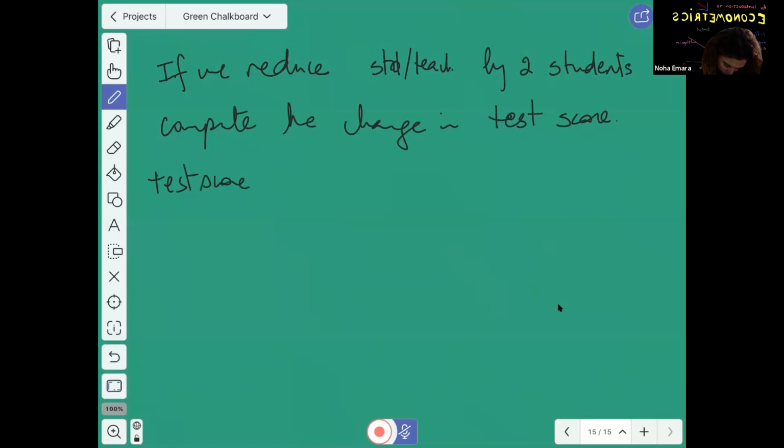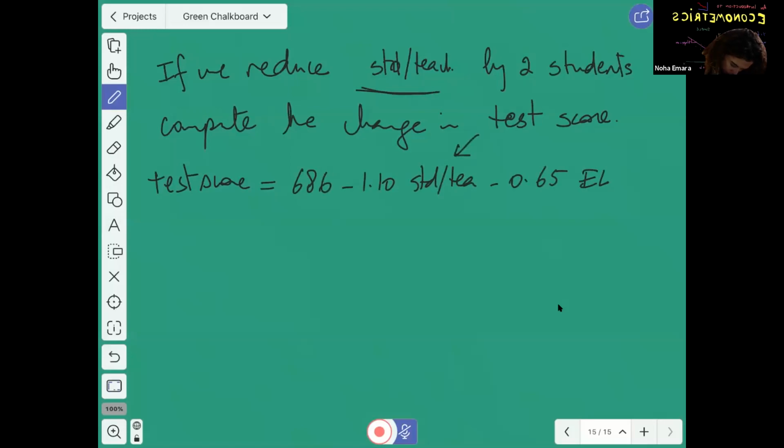So I said that we have a test score that is equal to 686 minus 1.1 student-teacher ratio minus 0.65 English learners. The question is about student-teacher ratio. We didn't talk about EL, it's about this one.